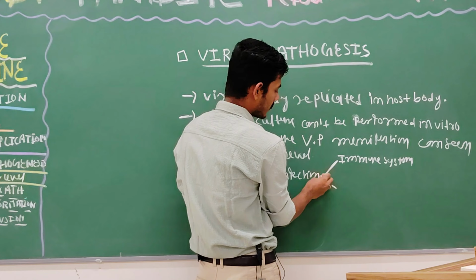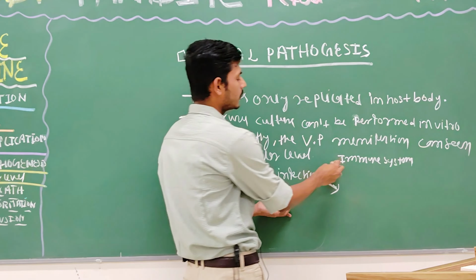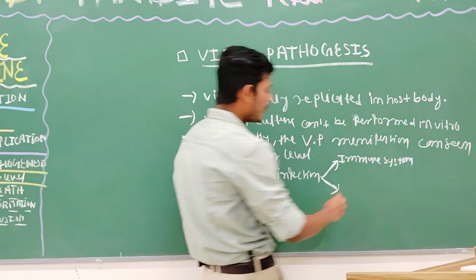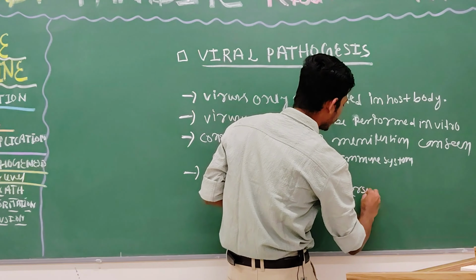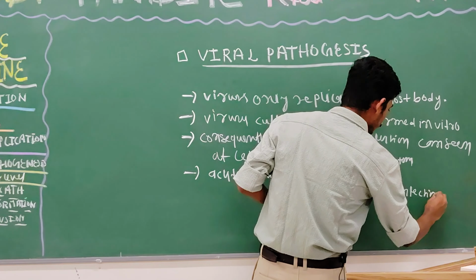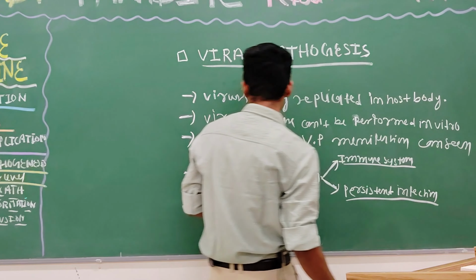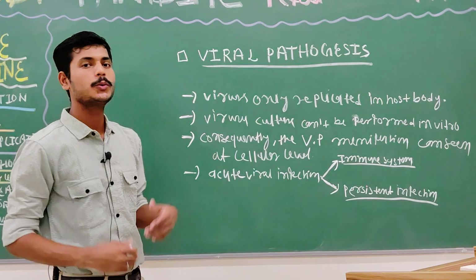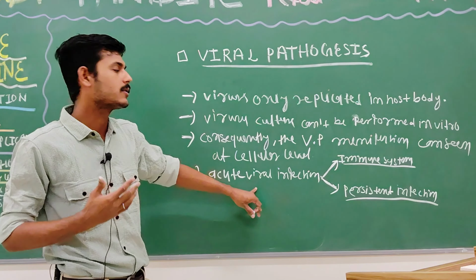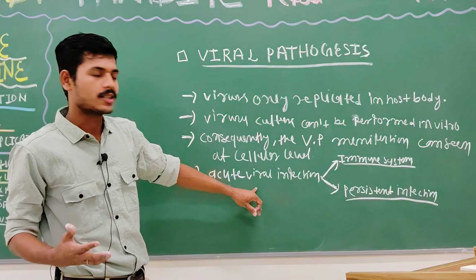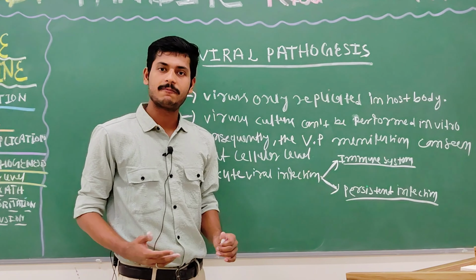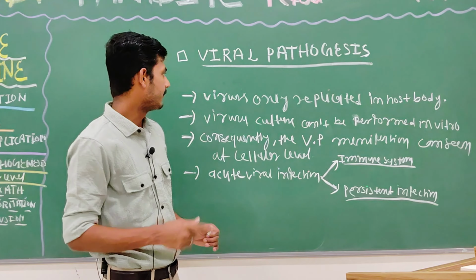But if our immune system is compromised, not strong enough to fight these virus infections, then there will be a persistent, or prolonged, infection. Got the point? So initial exposure to virus leads to an acute viral infection, which is more or less overcome by the immune system. But sometimes the acute viral infection is followed by a persistent infection.